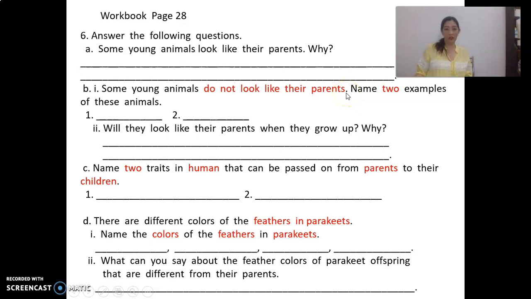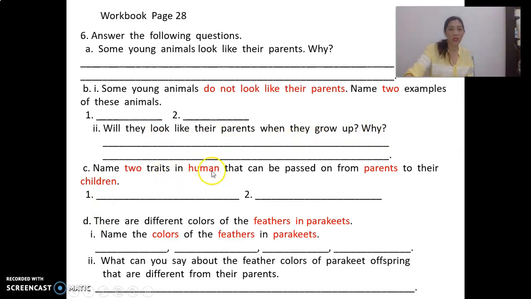So please open your book to page number 28. Answer: Do some young animals look like their parents, and why? Some young animals do not look like their parents. Name two. Write two examples of those that do not look like their parents. Do they look like their parents when they grow up, and why?